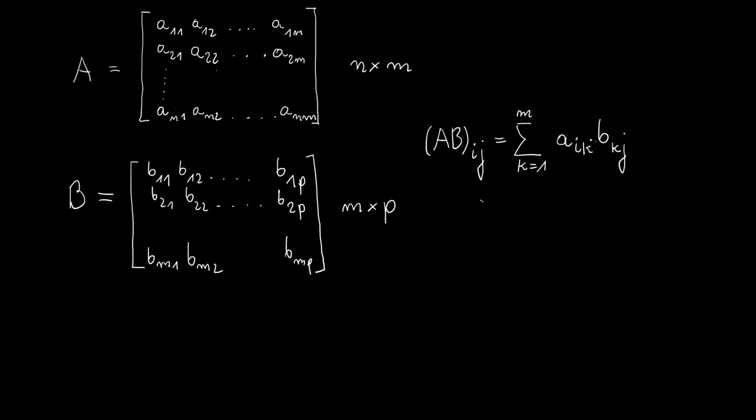And we multiply and add all of them together. So this is a symbolic way to define matrix multiplication.